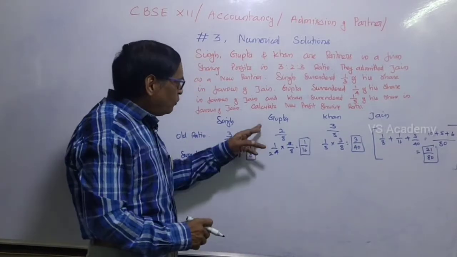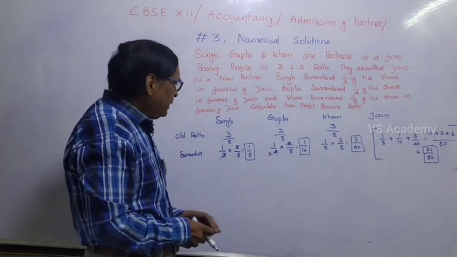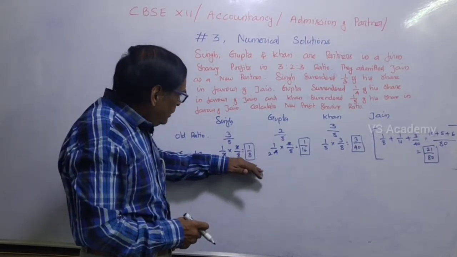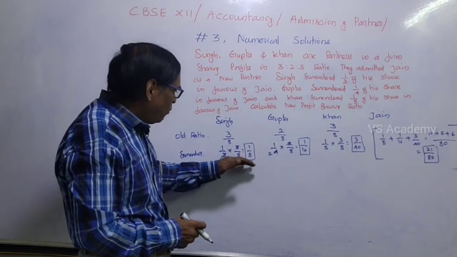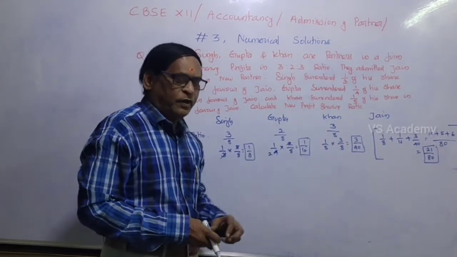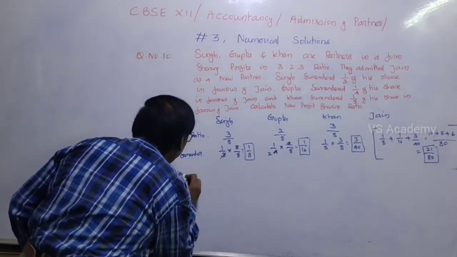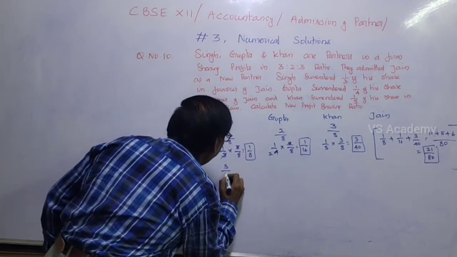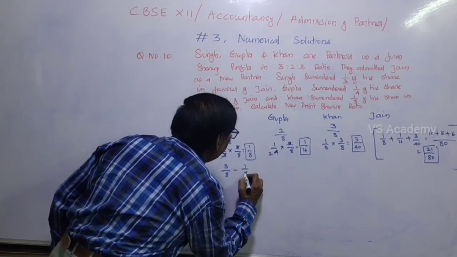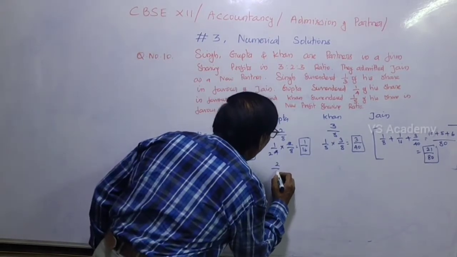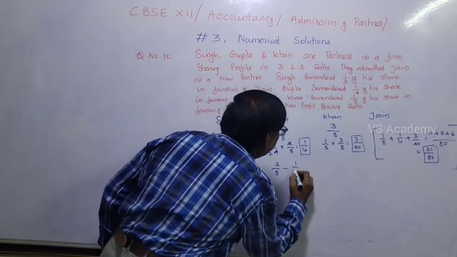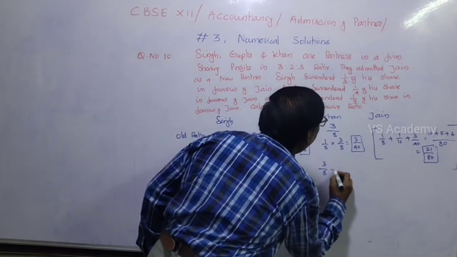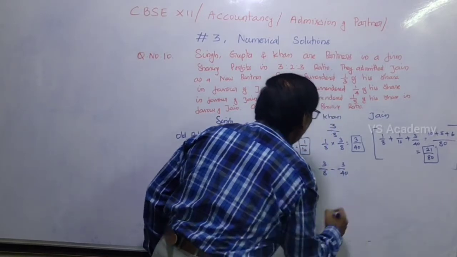So the new ratio of Singh, Gupta and Khan will be the old ratio minus sacrifice. We have already found out the sacrifice, 1/8, 1/16, 3/40. So the new ratio will be the old ratio 3/8 minus surrender value 1/8. Here Gupta 2/8 old ratio minus 1/16 surrender value, and then Khan 3/8 minus 3/40, that is the surrender value.